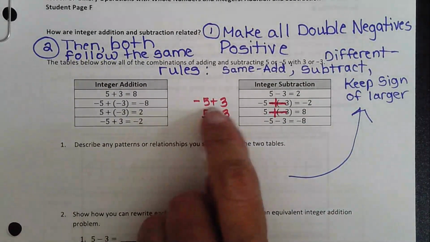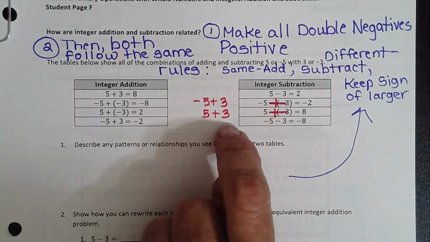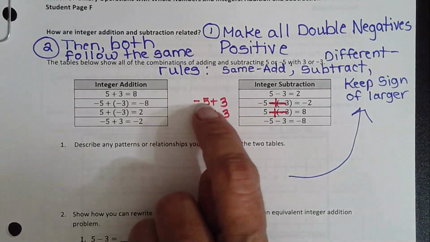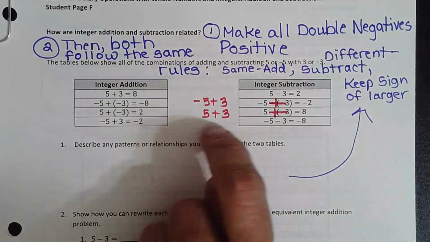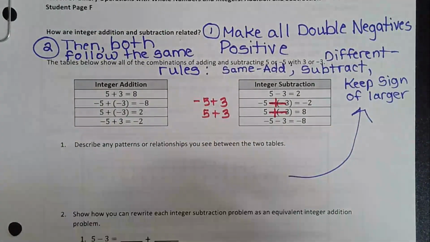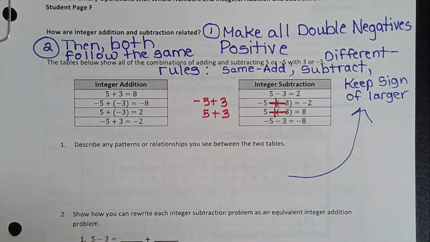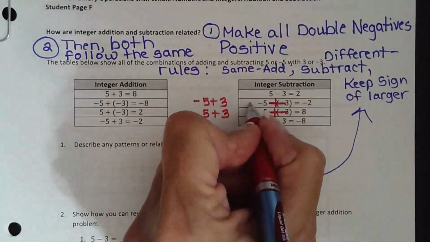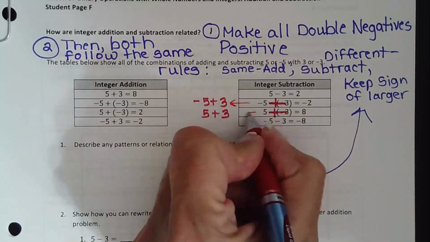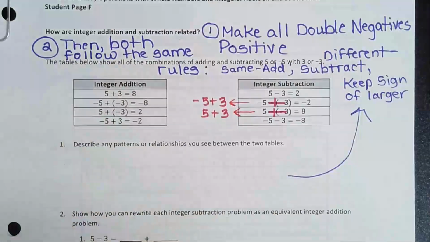And of course, rewrite it so you have a clear picture of the problem, so you can easily see these are different, these have the same signs. Because if you try to do it at this step, students get confused. So I always recommend, that's my biggest recommendation, besides changing double negatives first, is always to rewrite the problem.